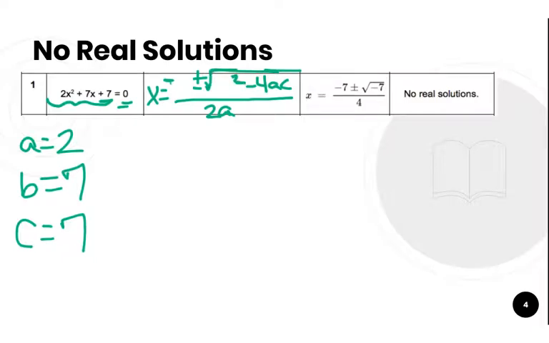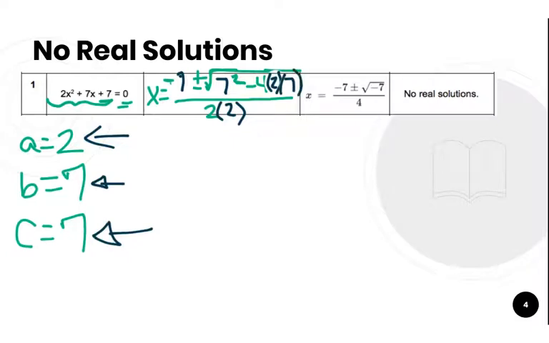So instead of b, I'm going to put in 7. So negative 7 plus or minus the square root of 7 squared. Now let me replace a with 2, and I'm going to replace c with this 7 down here.